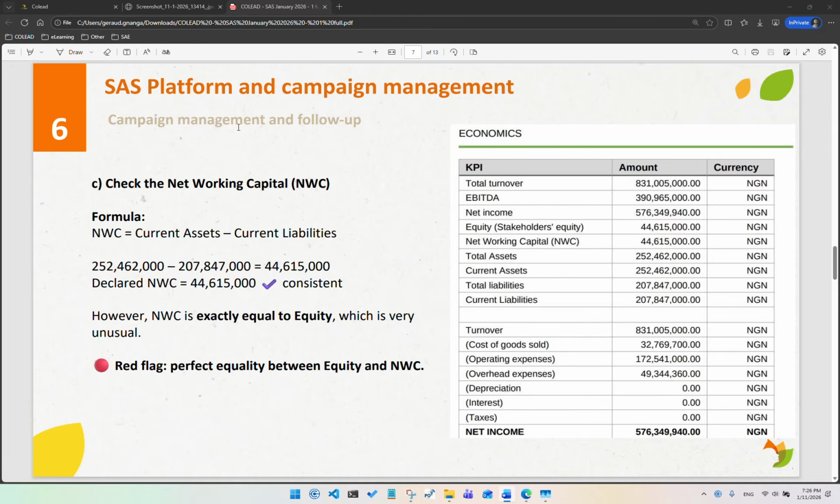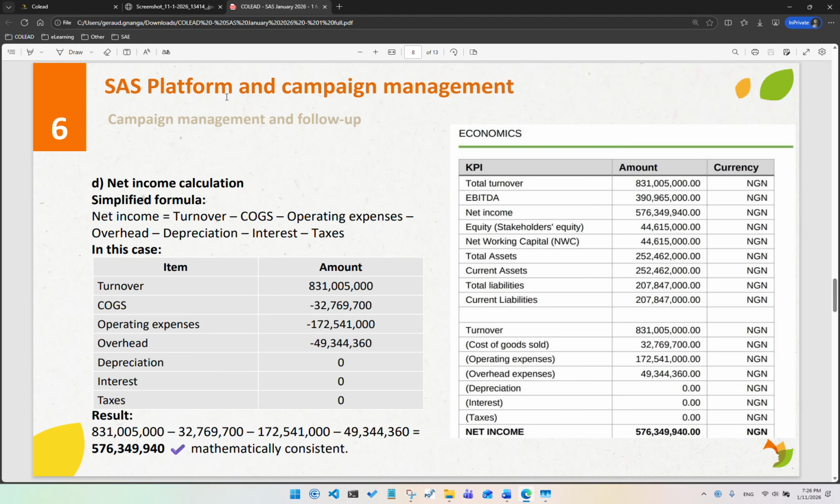It's something that you can also do. In this slide, you can see the net income calculation simplified formula. As I said, review the income statement by recalculating net income using turnover minus all categories of costs.